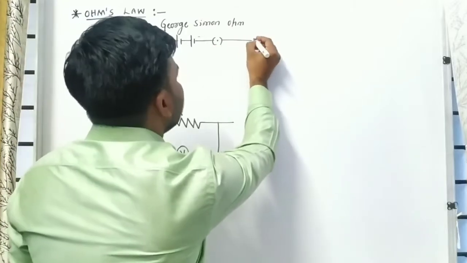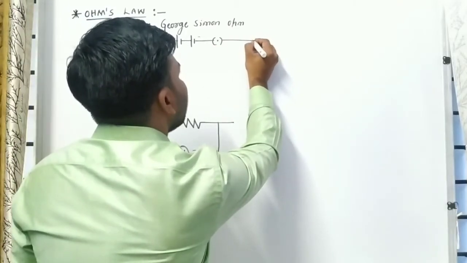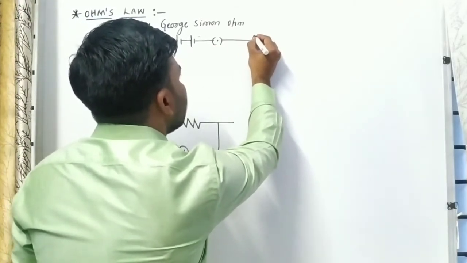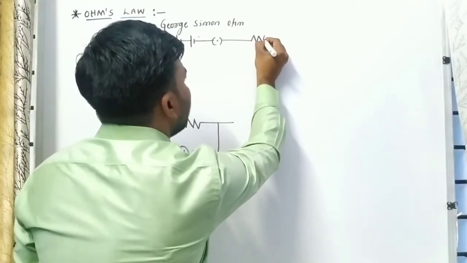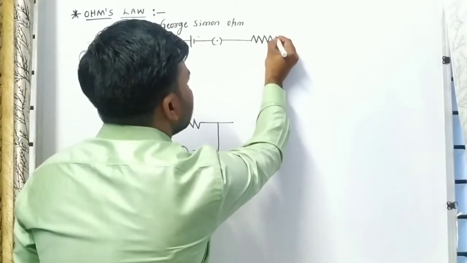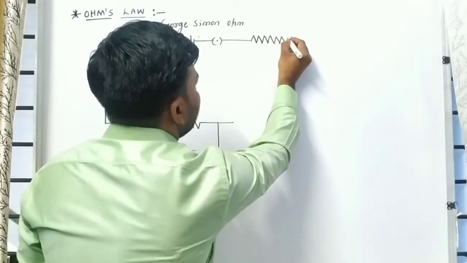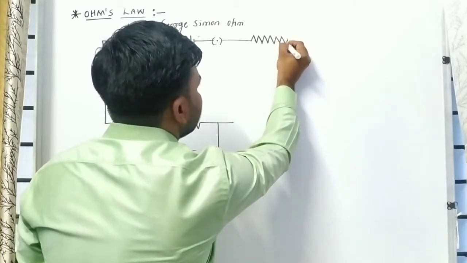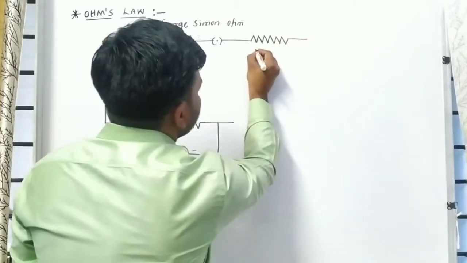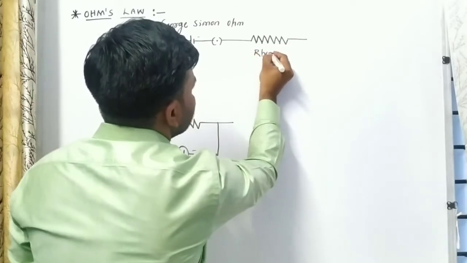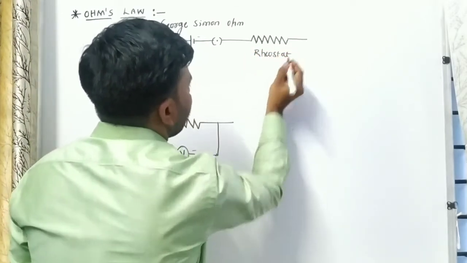Now from the plug key, he has connected to a rheostat, that is the variable resistance, which gives the variable resistance.